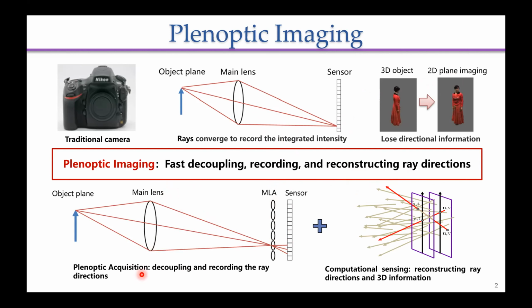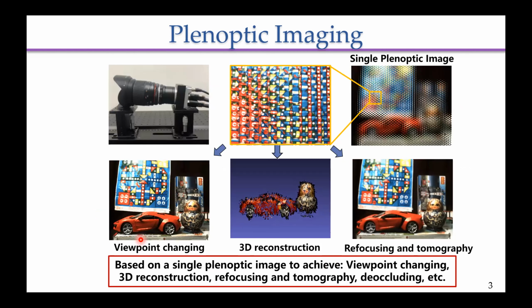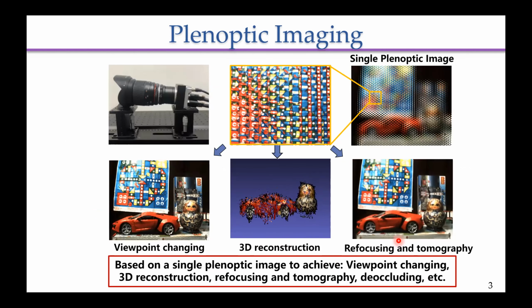First, acquisition, which records the ray directions, and then computational reconstruction, which reconstructs the ray directions. Using this, with just one single plenoptic image, we can realize viewpoint changing, 3D reconstruction, refocusing, etc.